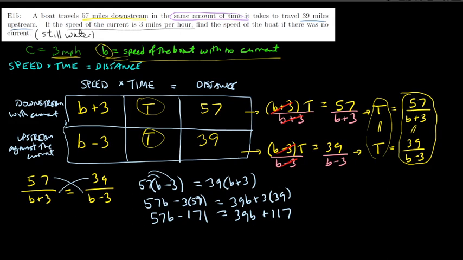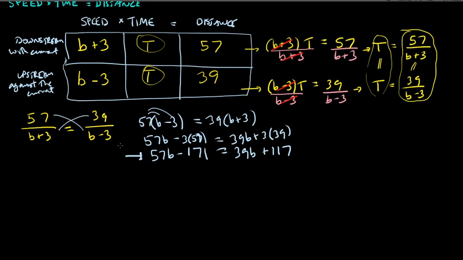Okay, so I think you can take it from here. This is just a straightforward linear equation. There's no b squared, so we should be able to solve this for b fairly easily. We can isolate the b on the left, so we subtract 39b from both sides. 57 minus 39 is 18.